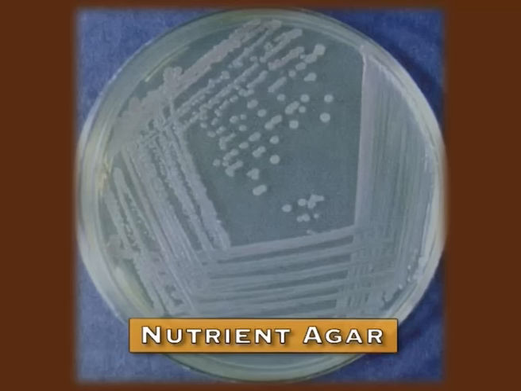Ma'am, what is basal medium? Basal media are relatively simple media. Why simpler? Because they contain nutrients which provide a base for the synthesis of other macromolecules of the bacterial cell. An example of basal medium is nutrient broth or nutrient agar.